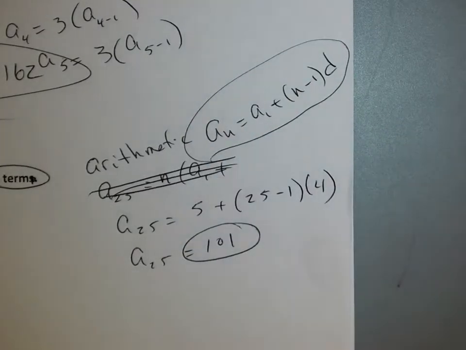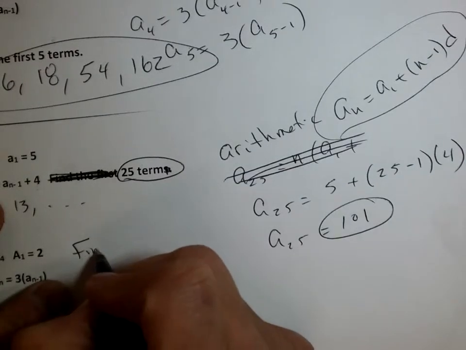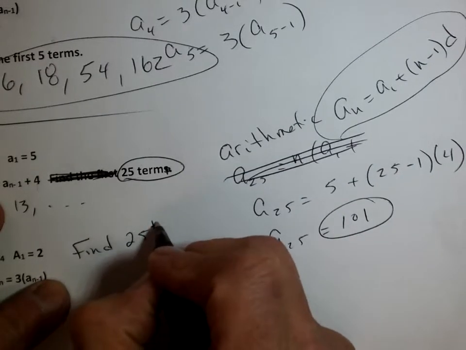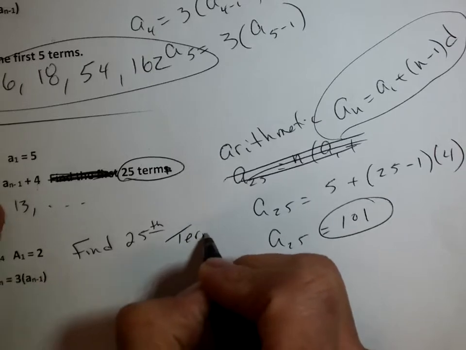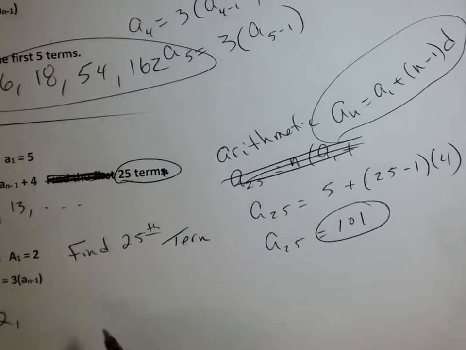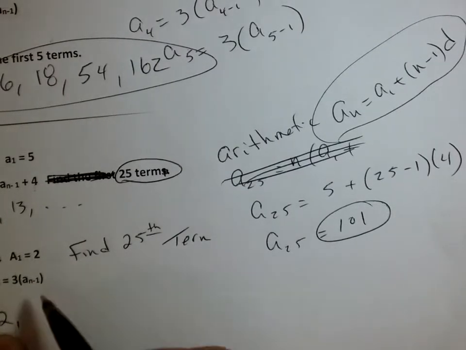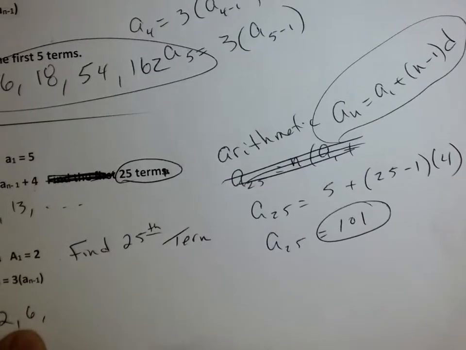Now the same thing as example 4. Let's find the 25th term. Okay, to do that, let's see. We know that we're going to start with 2, and we're going to multiply by 3, right? 2 times 3 is 6. We're going to multiply by 3, and we're going to get 18.